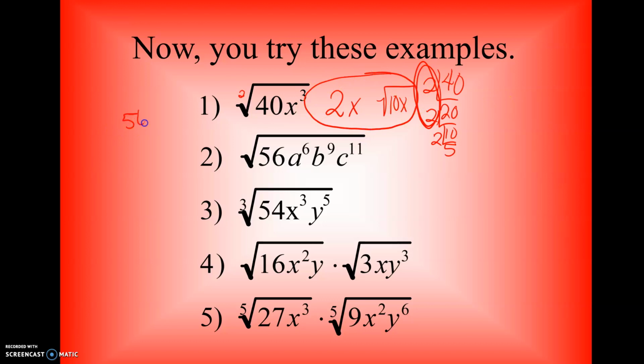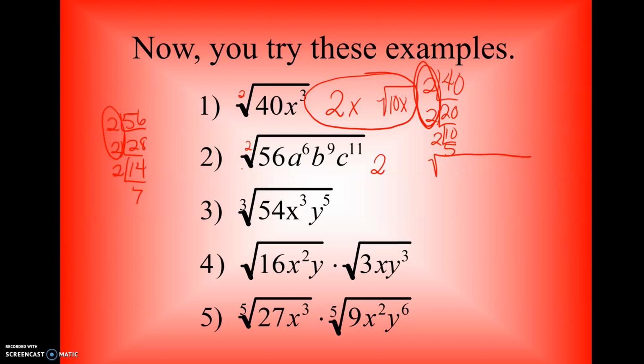56, factor that out. You can use prime numbers here that I'm dividing by. Smallest prime is 2, and then keep going. So I have a pair of 2's, looking for a pair of 2's because my index is 2, so that goes out, and the 2 and the 7 have to stay home. I'm going to write it a little bit over to the side. And again, notice my radical looks just like this radical.